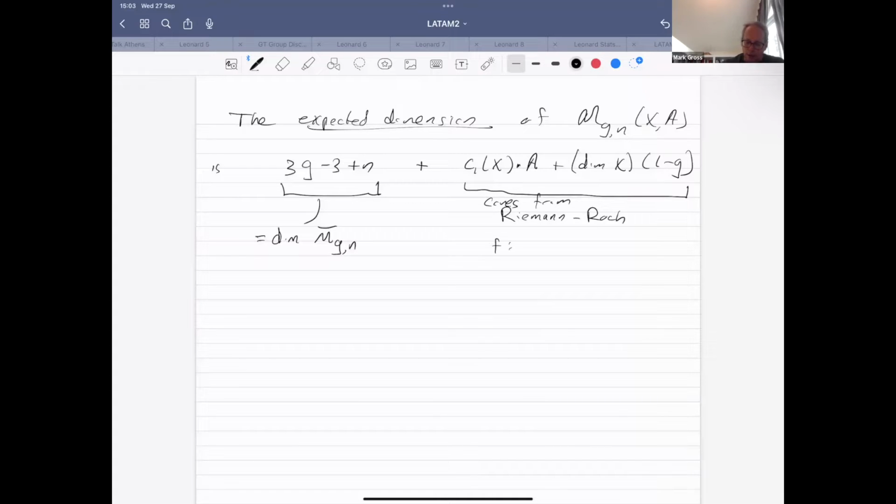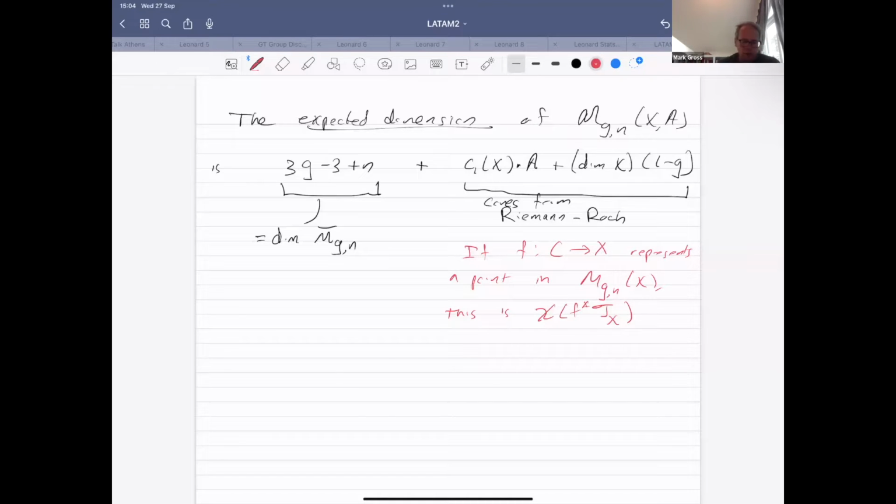If you have a stable map f from C to X representing a point in the moduli space, one can show the tangent, well, let me be a little bit careful. This is the Euler characteristic of the pullback of the tangent bundle of X.